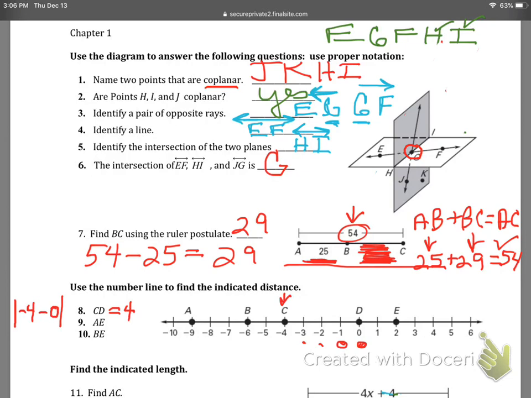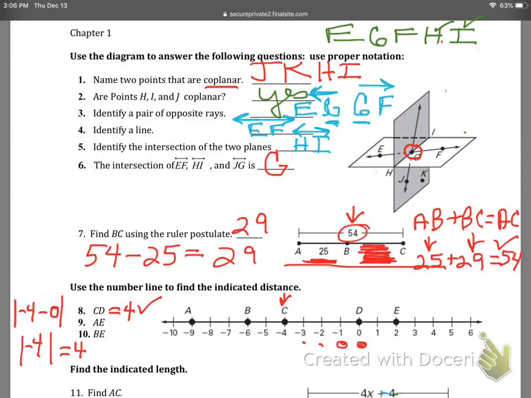So what is the absolute value of -4? Well, what does absolute mean? It means that you take the number and you don't take the sign. So the absolute value of -4 is 4, and it's the same answer I just got a second ago. So that's why CD is 4.